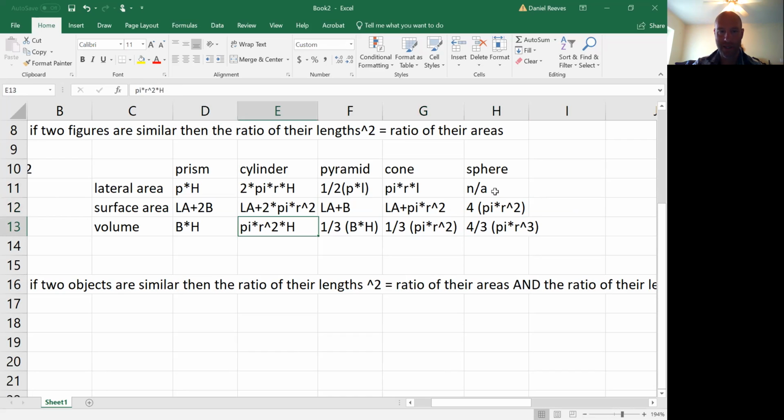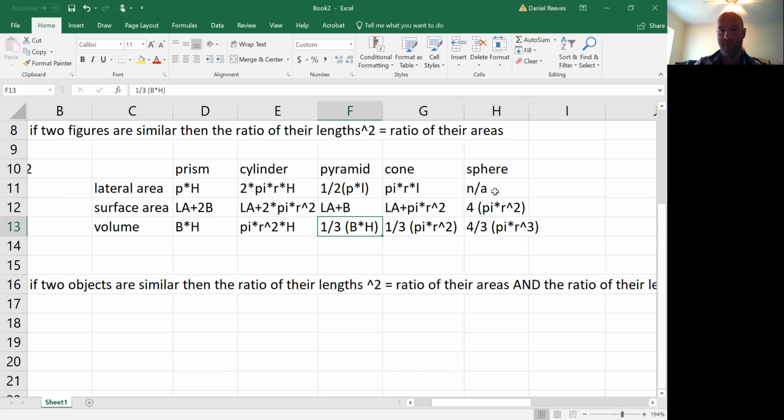And lastly, we get down to the volumes of these things. Volume of a prism is base times height. I know that you were taught length times width times height, which works fine for a rectangular prism because the area of the base is length times width. But for any other type of prism, that doesn't make any sense. For a cylinder, it's still base times height, but that base is a circle, so its area is pi r squared times that height.